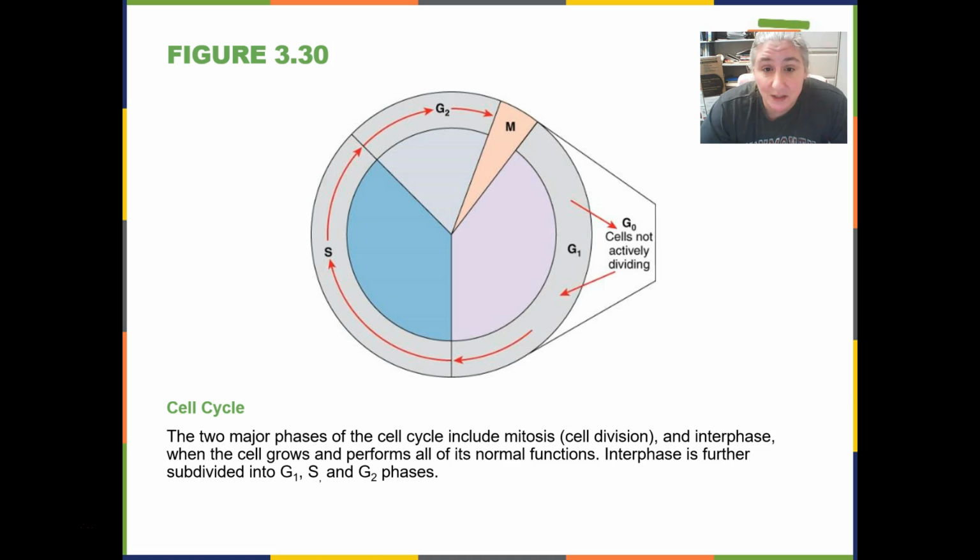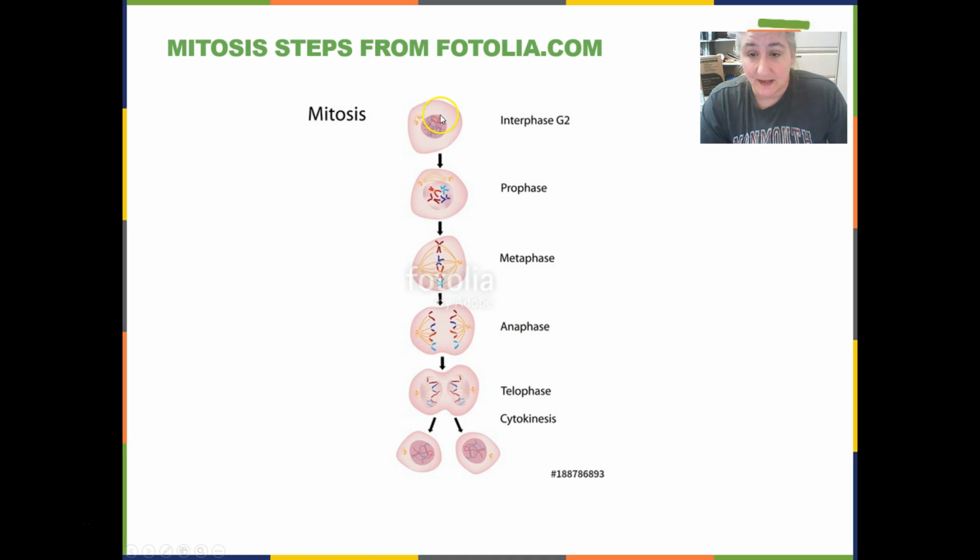And then we go into G2 phase. G2 phase is where we produce proteins for mitosis, but we're also going to prepare the cell for division by increasing the size of the cell some more and making sure that all of the organelles have doubled in numbers. And then we enter that mitotic phase.